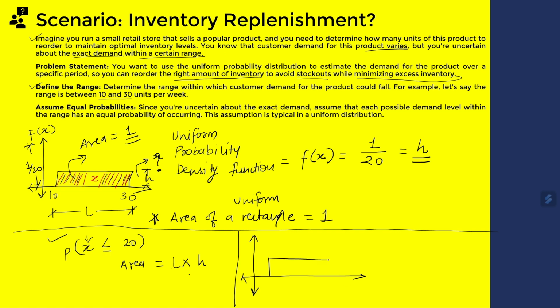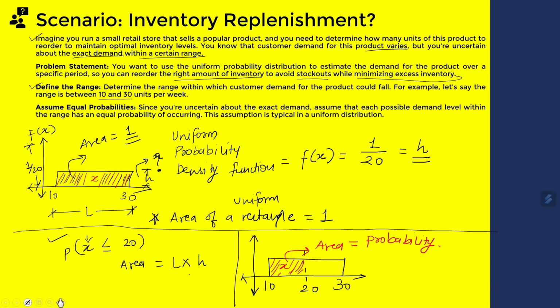We know our range lies between 10 and 30, and the situation is asking for the probability which is less than 20. So 20 lies over here, and our x lies in this much portion. So we need to find the area of this portion. This area is our probability.